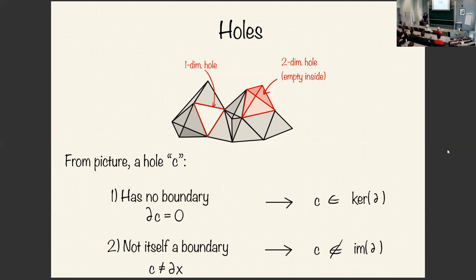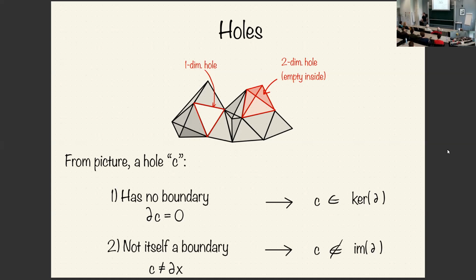Sorry, before in the simplex, you used to have some arrows. Yeah, I'm omitting the arrows here, but they should be there. Everything is oriented and minus signs are important. Furthermore, the hole is not the boundary of something else, because if I were to fill this triangle in, then the red line will be the boundary of that filled-in triangle, and it will not be a hole.